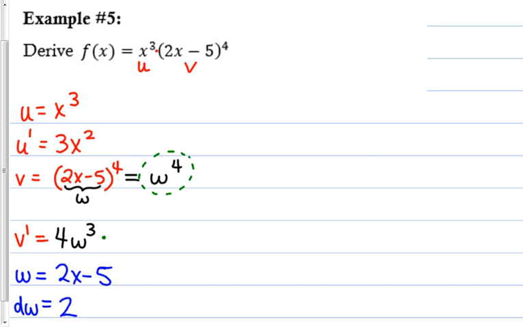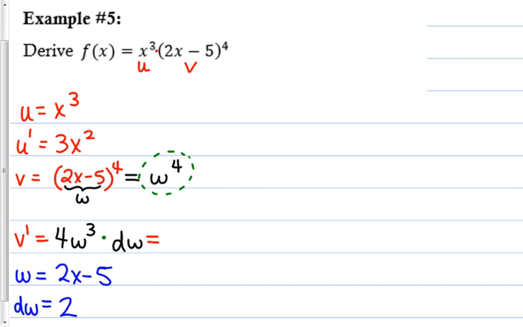You might find it helpful to do the derivative and then right after write dw as a reminder that that's the derivative of the inside. And then you can actually figure out what the function really is. Because remember, w is just a means to an end. It's not really here. Just like u and just like v.